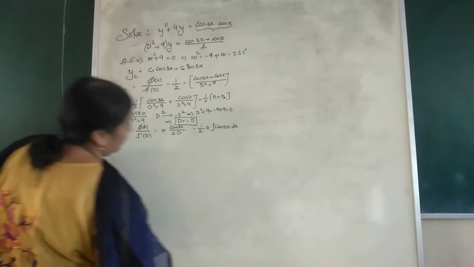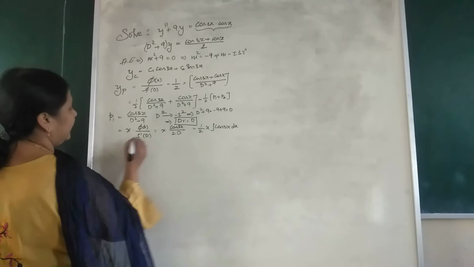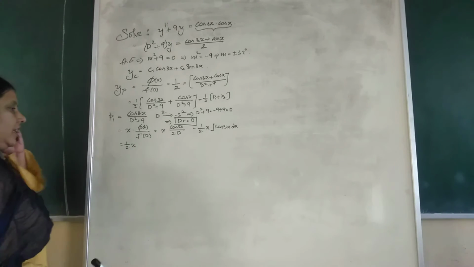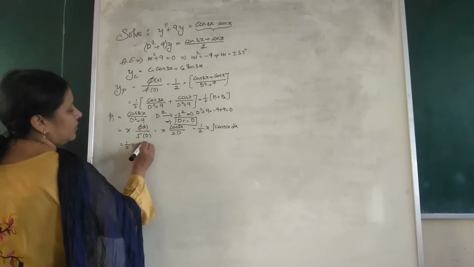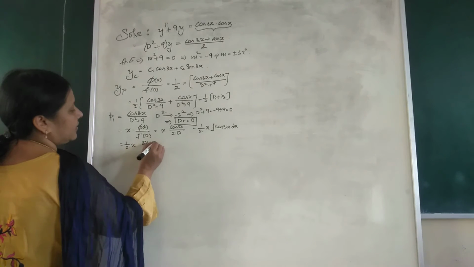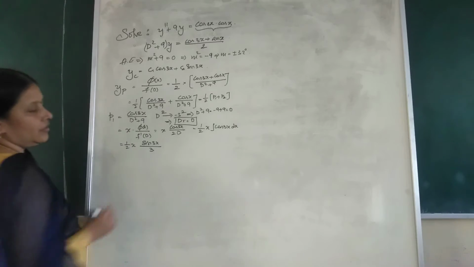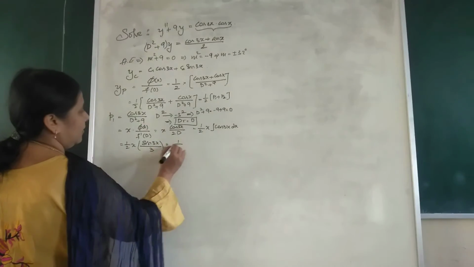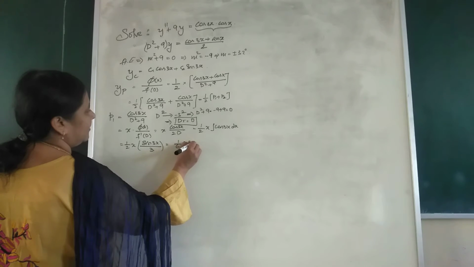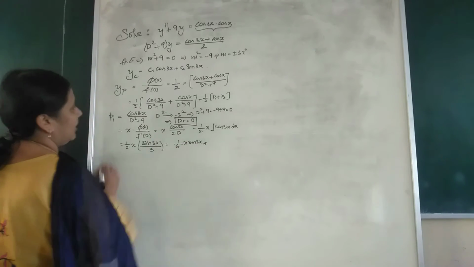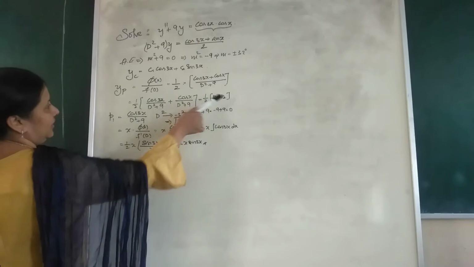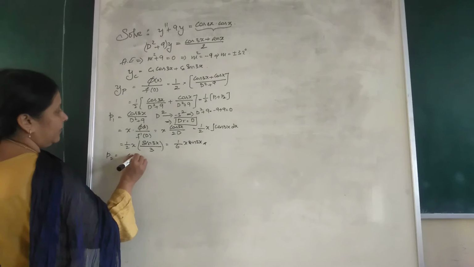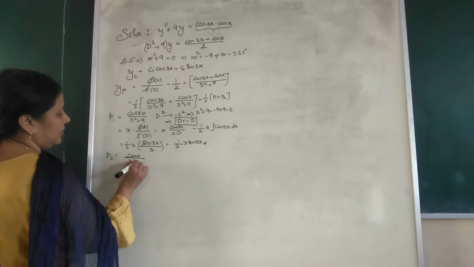Got it? Next, integrating here, 1 by 2 x into the integral of cos ax, which is sin ax divided by a. There is no negative sign here, it will be positive. So 1 by 6 x sin 3x is the P1 value. Coming to P2, the second term, P2 is equal to cos x divided by D square plus 9.